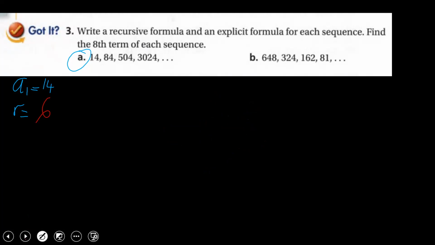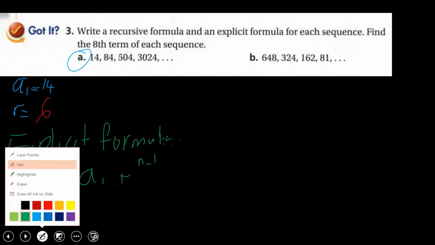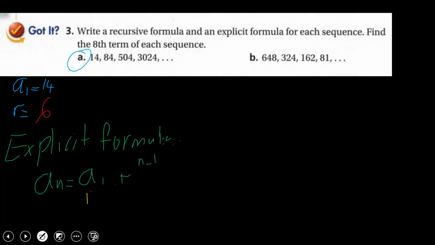So if I have A1 and if I have R, can I write the explicit formula? Yes. The explicit formula is A sub n equals A sub 1 times R raised to the power n minus 1. A sub 1, which is 14, R, which is 6, raised to the power n minus 1 is A sub n.